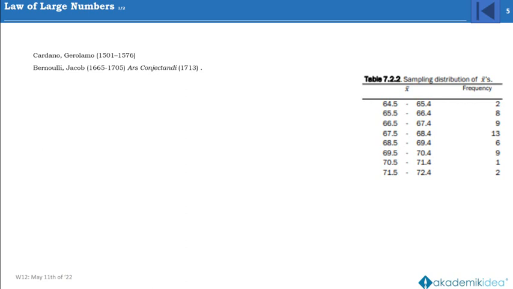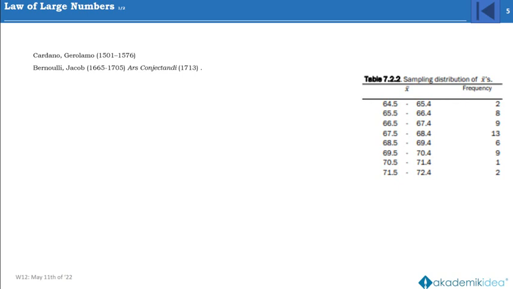His immortal work has the title Ars Conjectandi, meaning the art of conjecturing in English. He named this his Golden Theorem, but it became generally known as Bernoulli's Theorem.